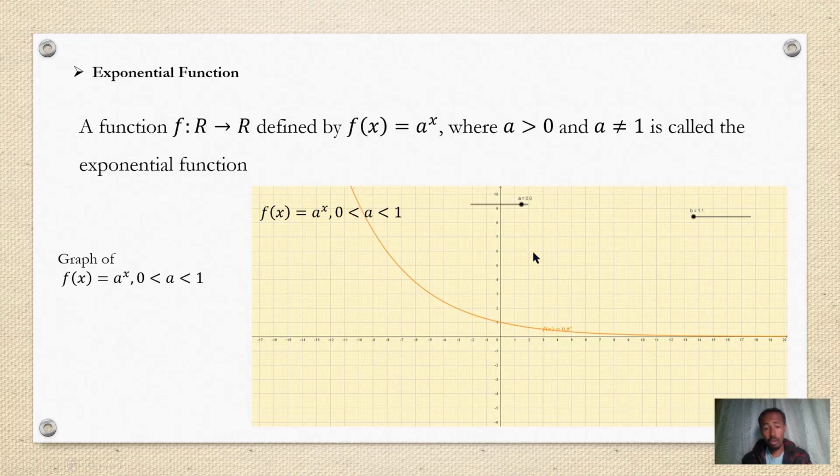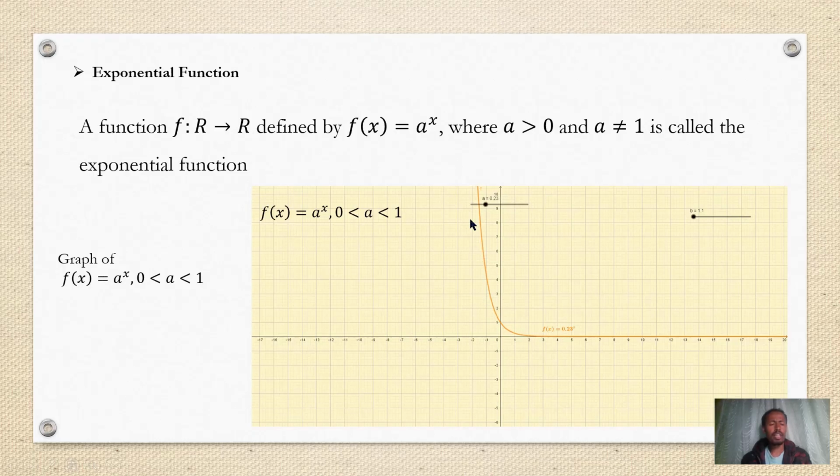For a value of a approaching or nearest to 1, the graph will go away from the positive y-axis, as you see here. And if the value decreases towards 0, the upper half parabola will approach the positive y-axis, as you see here.